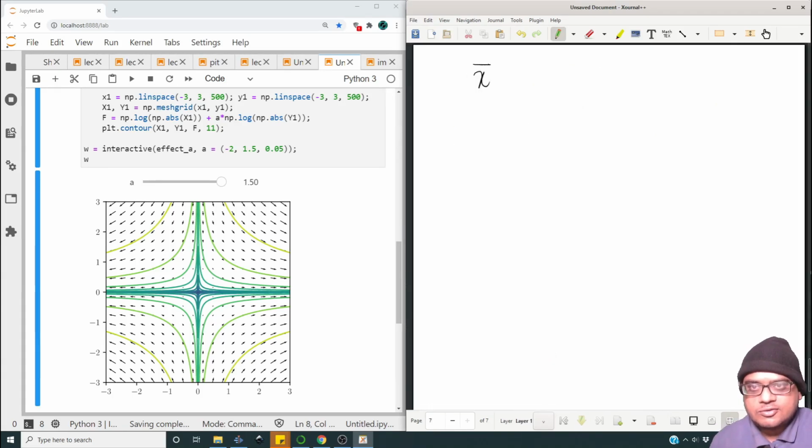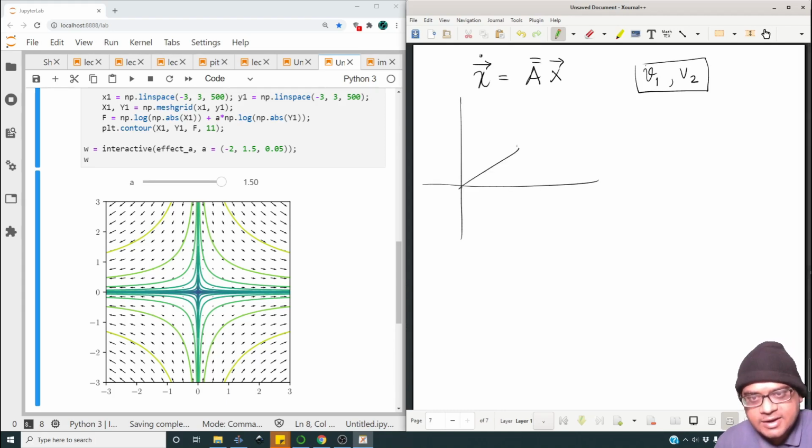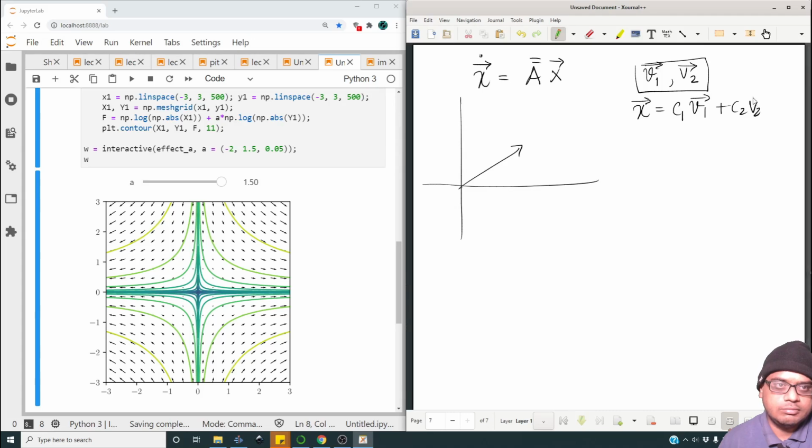So x dot is equal to Ax. If we know that the two-dimensional space has eigenvectors v1 and v2, then any vector in this space can be written as a linear combination of these two vectors. So x can be written as c1 v1 plus c2 v2, and this vector is not a velocity vector.